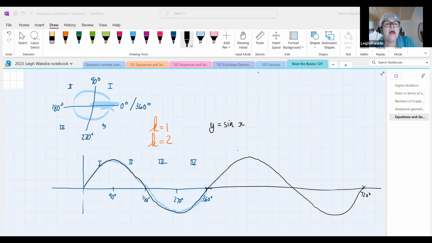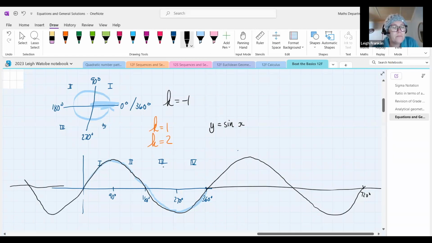All right. If I say that K is equal to -1, then in which direction am I spinning? Backwards. In the opposite direction, exactly. All right, so if K is equal to -1, I'm now changing the direction over here.